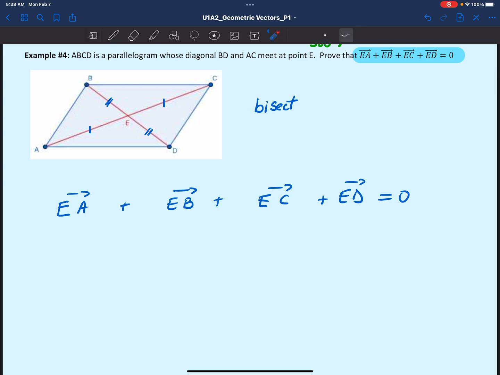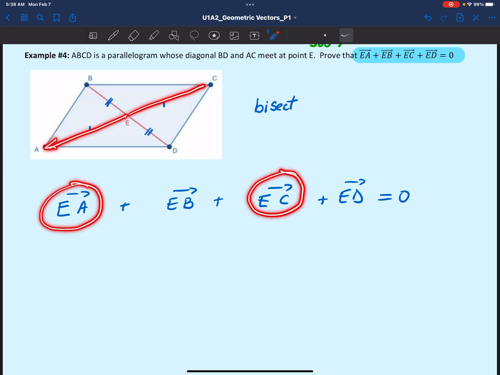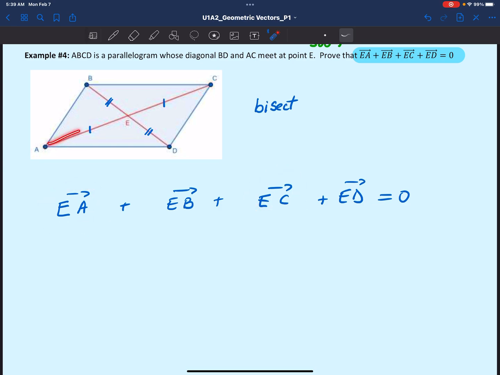Now, since vectors EA and EC lie on the same diagonal, and they're directed in opposite directions, and the vector magnitudes are equal, then we can express one in terms of the other. So I will leave EA as is, and I will express EC as the opposite of EA.